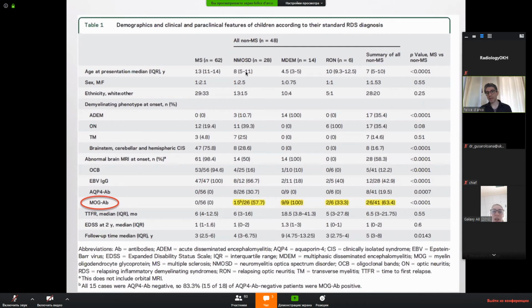So MS and NMOSD, multiphasic ADEM, and isolated optic neuritis. All the multiphasic ADEM had MOG antibodies positive. Some of the isolated optic neuritis have MOG antibodies positive, and some of the neuromyelitis optica spectrum disorder, actually half of them, have positivity to MOG antibodies.